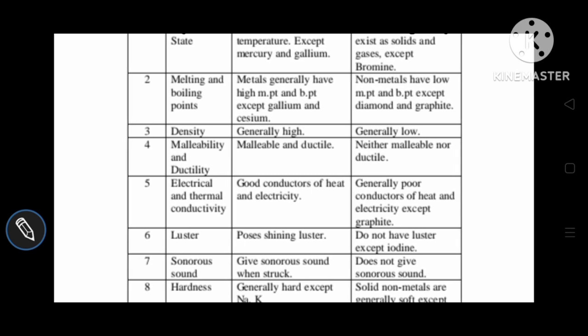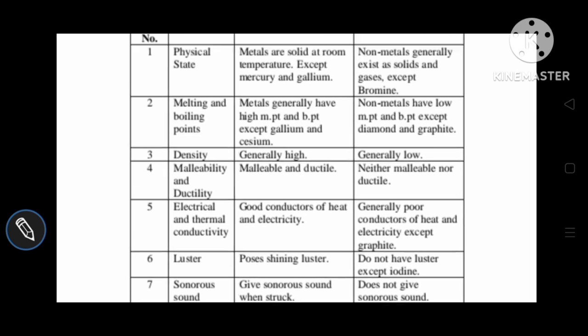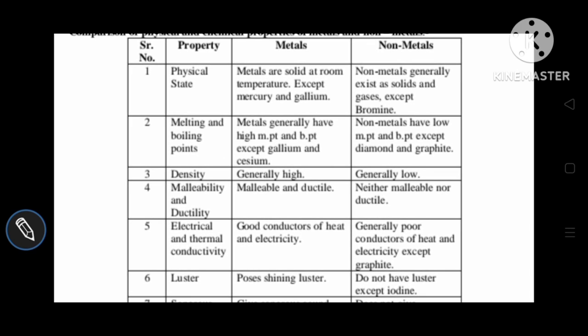Metals have high melting point and boiling point because they are usually solids at room temperature, except gallium and cesium. Coming to the non-metals, they have low melting point and low boiling point except diamond and graphite.